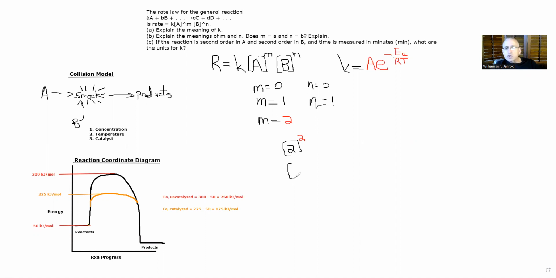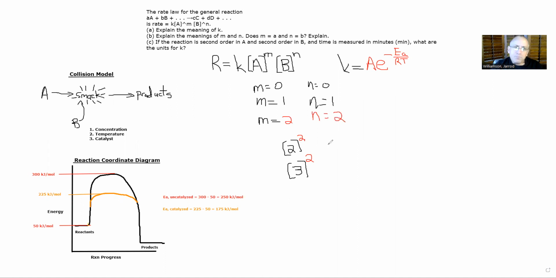If you tripled the concentration of A, the reaction rate would be 3 times 3, which would be 9. The reaction rate would be 9 times as fast. That's what M and N mean. Same thing if N happened to be equal to 2.